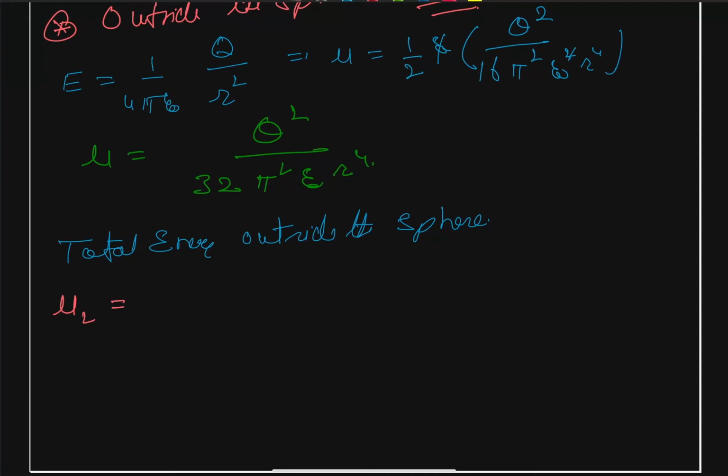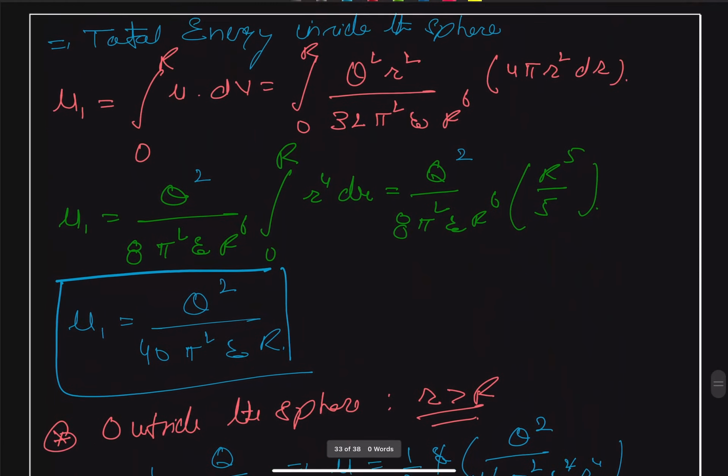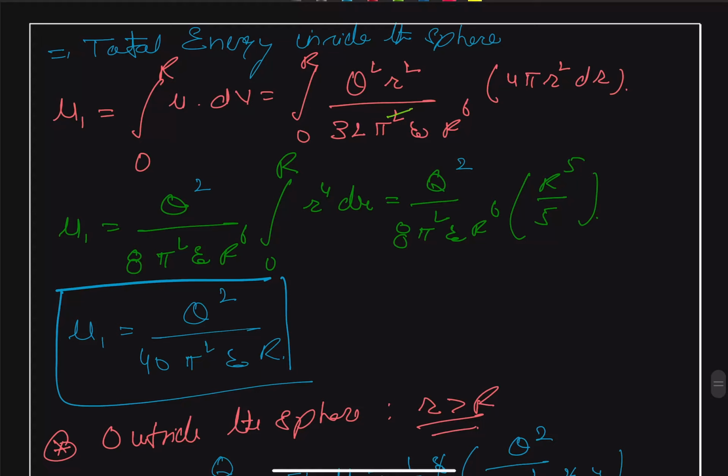U2 will be equal to, from R to infinity, u dV, and from R to infinity q square upon 32 pi square epsilon naught r^4, and this once again comes as 4 pi r square multiplied by dr. Yes, here I missed this also. This goes by pi, and there won't be any pi square.